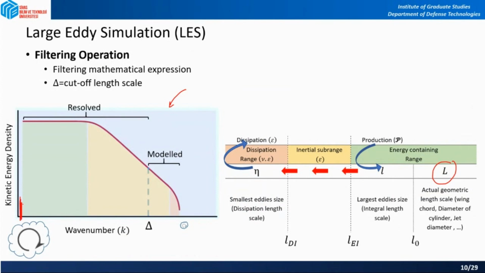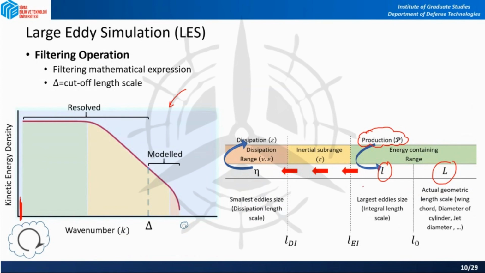And then after the geometric scale, I had this integral length scale, a small l, and I had the turbulent production in the integral length scale somewhere in here, and it was sucking energy from mean kinetic energy, and then it took this energy and feeds it into turbulent kinetic energy. Okay, this is the energy flow. These arrows are the flow of energy.